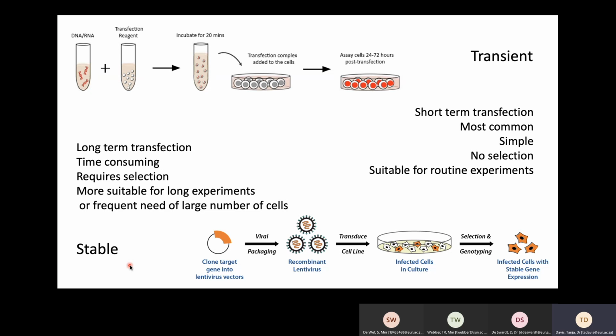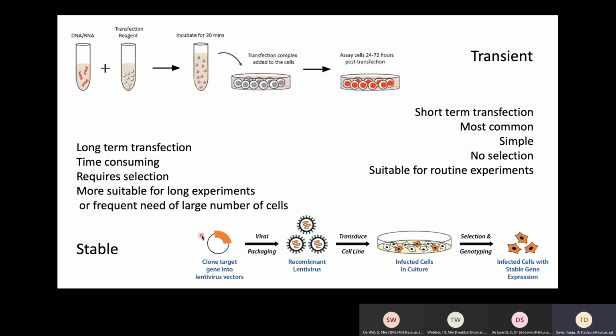In this case, your cells will stay transfected a little bit longer, often for several passages. But of course, this is a little bit more time consuming as it requires selection.